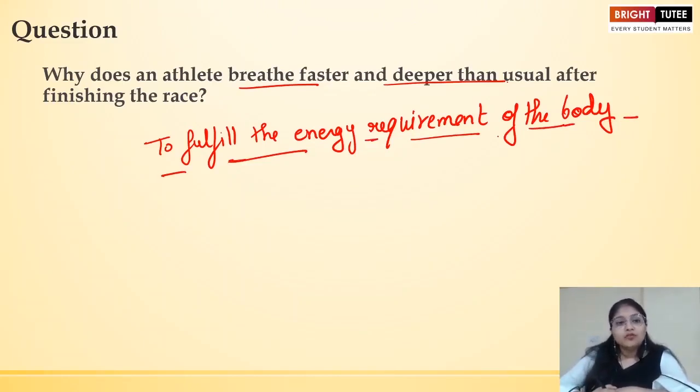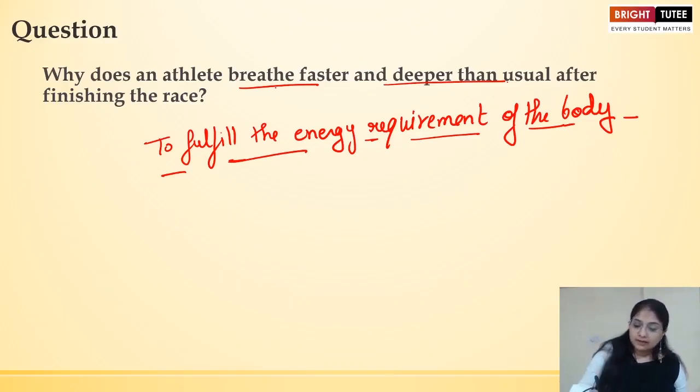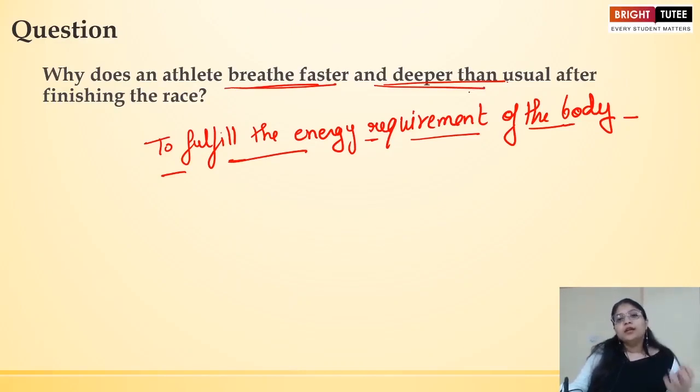The reason is because a race is a high energy level activity, right? So this requires more energy, hence the body requires more oxygen, and to fulfill the oxygen requirement, the athlete starts breathing faster and deeper than usual, because the body needs more oxygen, and both of these activities help in obtaining more and more oxygen in less time, right?